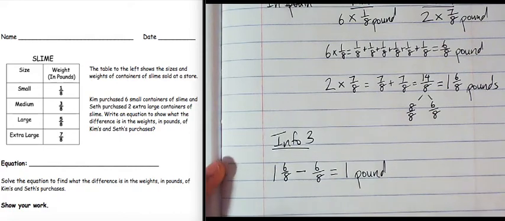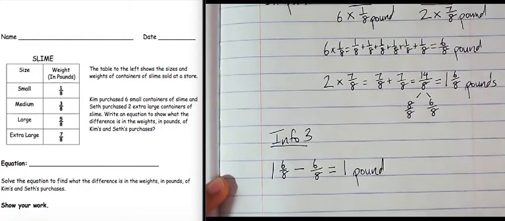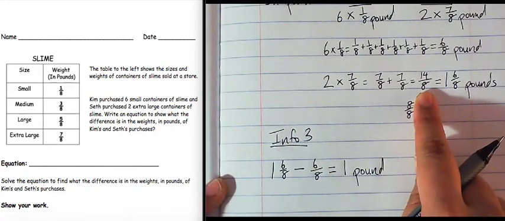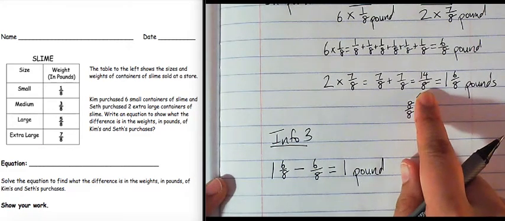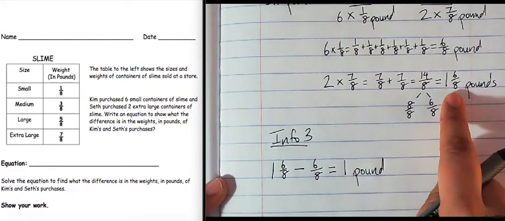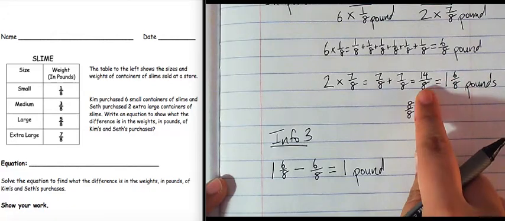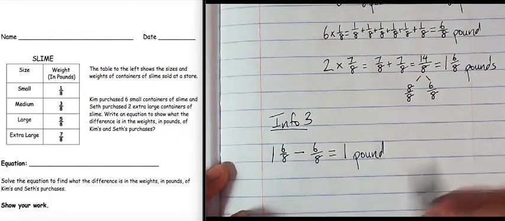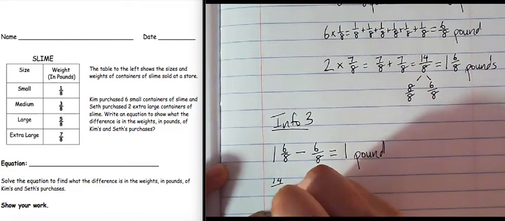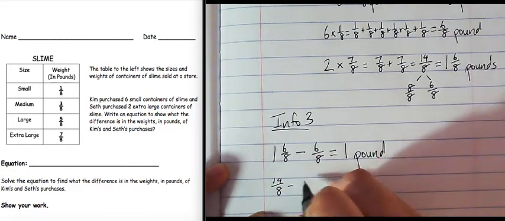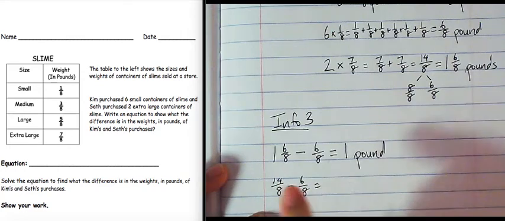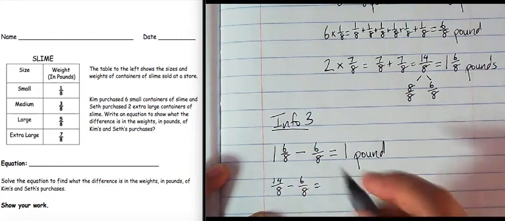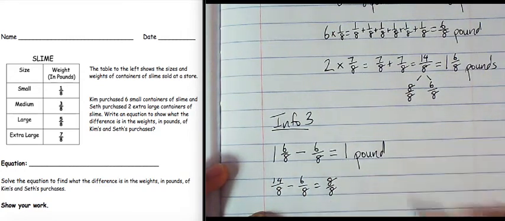Here's another way we can show that work. Remember how we determined that Seth purchased 14/8 pounds of slime, which we determined is 1 6/8. Well, we can subtract 14/8 minus 6/8 also, and let's see if that gives us the same answer. 14/8 minus 6/8 equals, well, 14 minus 6 is 8. Oh, 8/8.